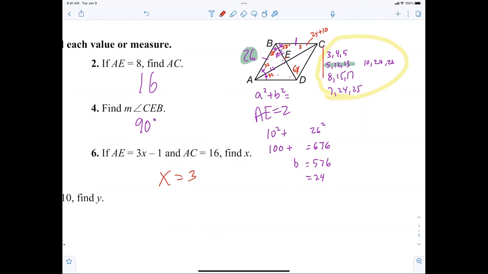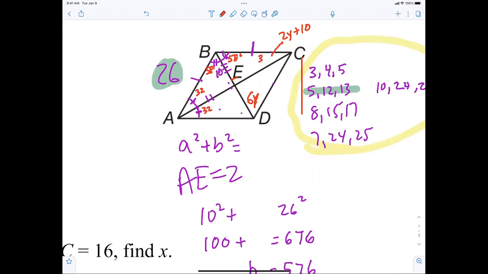Say that again now. You know it's half. What does that mean? Another thing is like half of the other, but you're not telling me which one you're talking about. ACB is half of CB. So what's this angle right here? I just wasn't sure if I was on the same page. This is 2y plus 10, right?